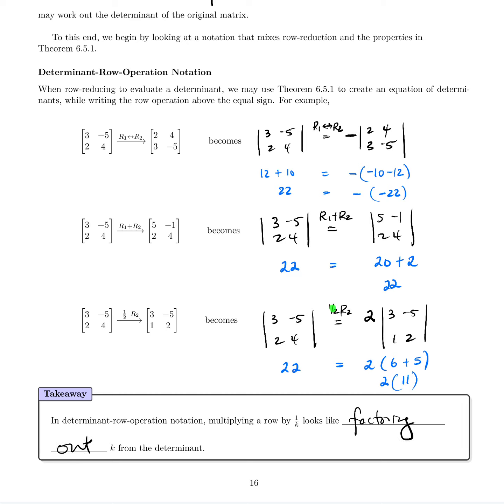So if you multiply by 1 over k, it looks like factoring out k from the determinant. We're going to use this notation in subsequent videos to do row operations, multiple steps, and keep track of the operations. In other words, we're going to fix the equalities by adding either a negative or a k multiple when we need to reduce a matrix into an easier form and calculate the determinant. See you in a little bit for that process.